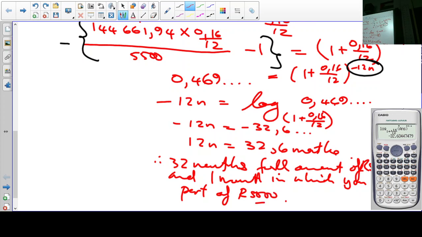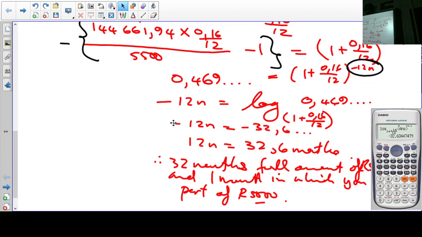So the last payment won't be a full payment of 5,500. So you're going to have 32 full payments and 1 payment of less than 5,500, and it will be part of that payment.